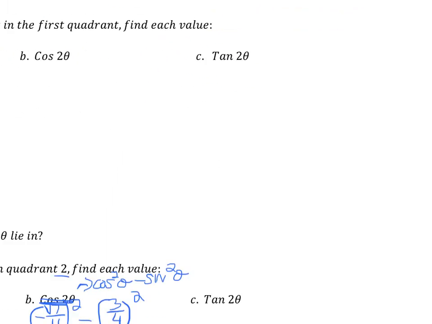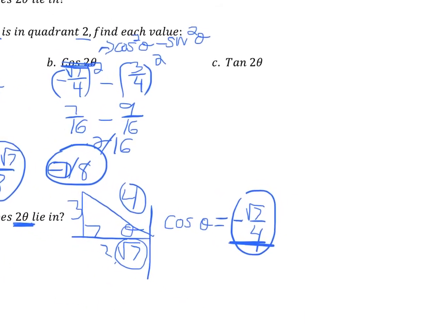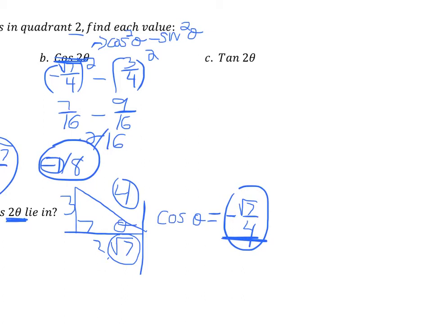This is going to be much quicker. If you don't have sine of 2 theta and cosine of 2 theta, then probably the quickest way is to use the formula. So I'm just going to do sine of 2 theta, which I figured out was negative 3 root 7 over 8. Then you divide this by cosine of 2 theta, which was negative 1/8.